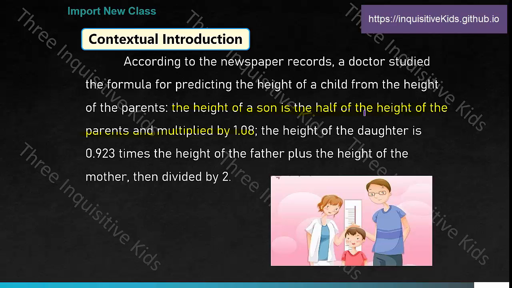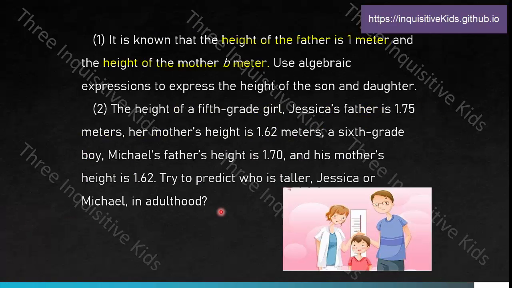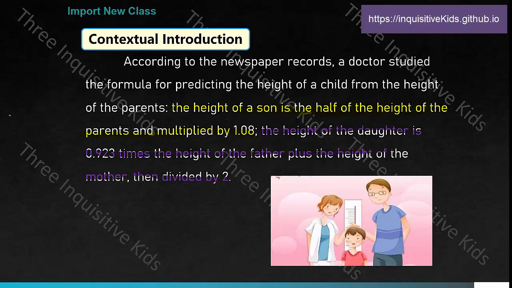And then the height of the daughter is 0.923 times the height of the father plus the height of the mother divided by 2. Okay? Then if we come over here, it says that the height of the father is 1 meter, mother is b meter. So I'll write mother equals b meters and father equals 1 meter.